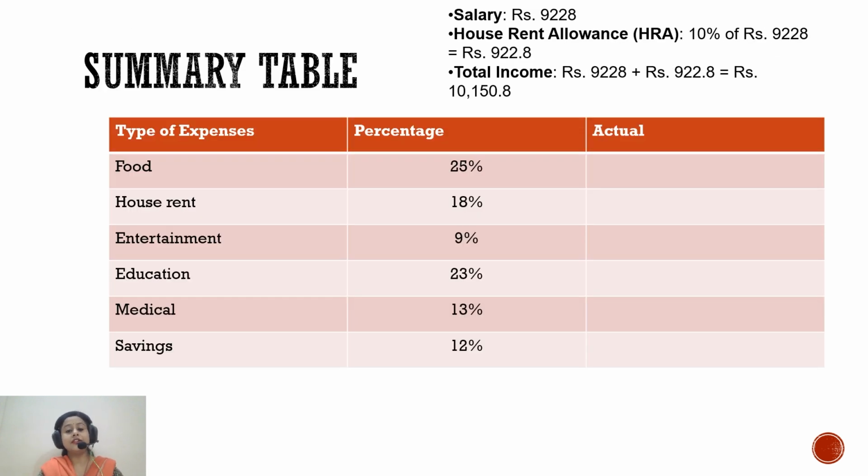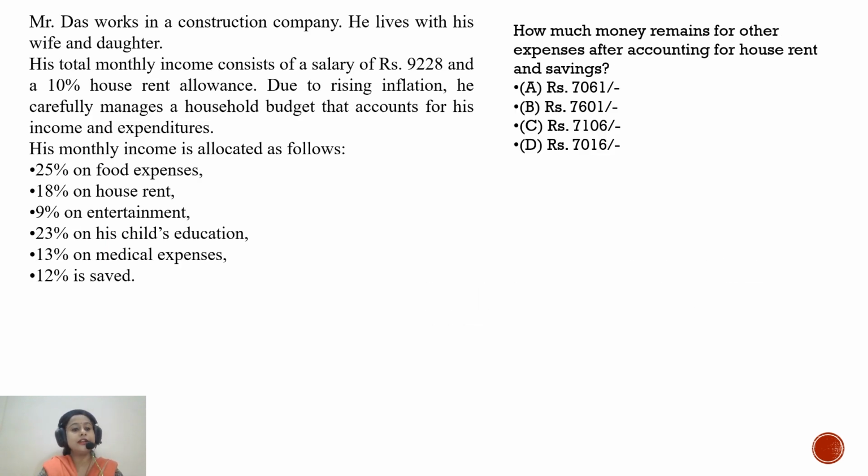So this is a kind of summary table you have to draw, right? Where different items of expenses are mentioned: house rent, entertainment, education, and their respective percentages are written. Now the respective percentages I have collected from this information itself, where it is already mentioned that 25% is spent on food and 18% is spent on house rent, then 9% on entertainment, 23% on child education, 13% on medical expenses.